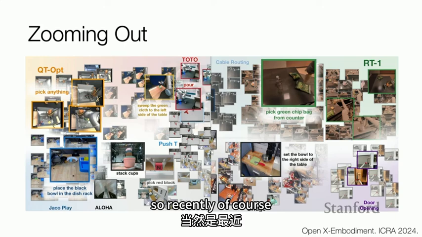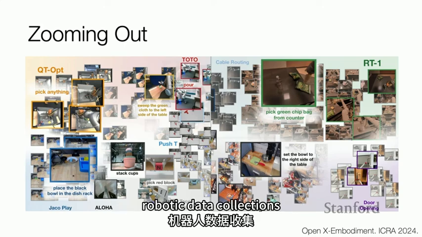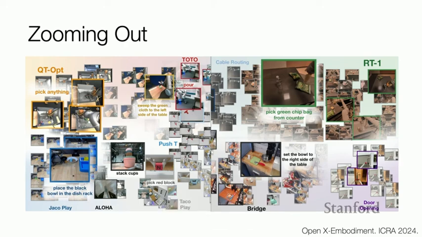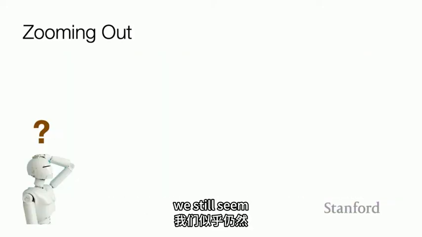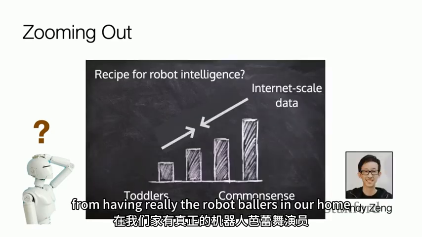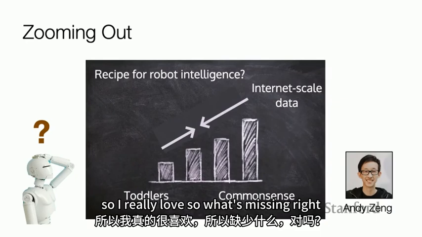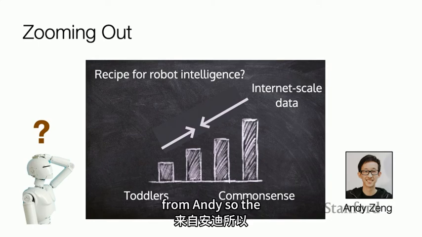So recently, of course, there are huge efforts into scaling robotic data collection. While we have made great strides in many aspects of the problem, we still seem pretty far from having really the robot butlers in our homes. So what's missing, right? I really love this plot from Andy.